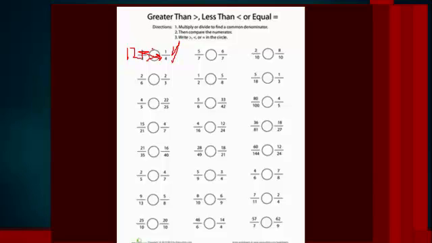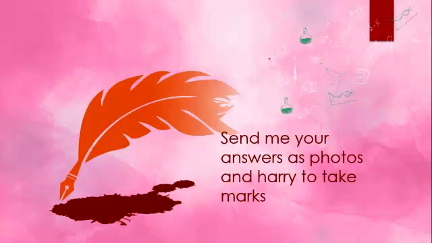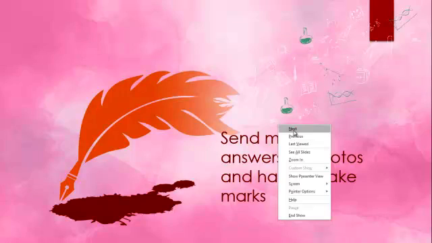So 3/4 is greater than 1/4. Please try to solve the rest by yourself and send me the answers as photos, and hurry to get your GPA marks.